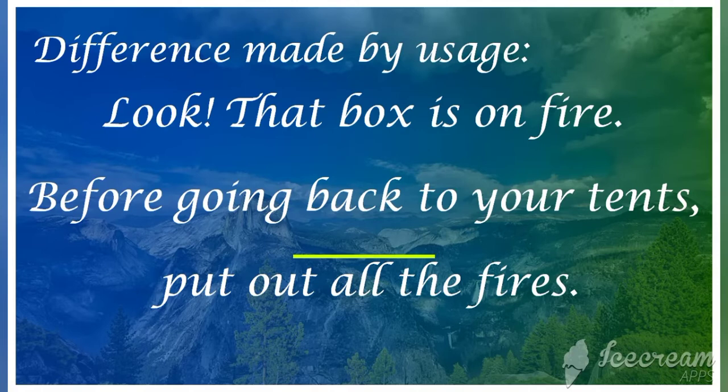Here the word fires, when given in plural form, is countable, and this is symbolizing bonfires made by campers. When you go for a campfire, in the middle there will be fire, and all will be dancing or playing, sitting together and chatting. I think you might have seen.